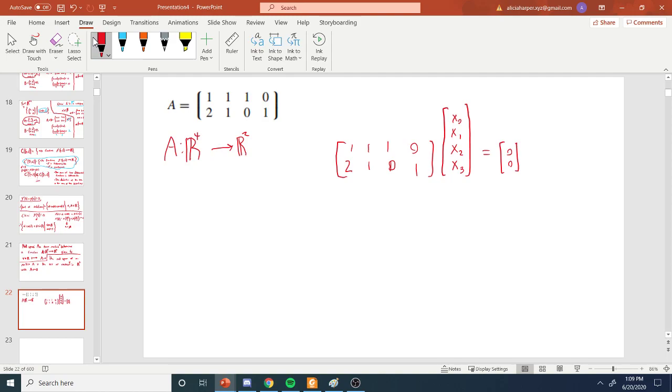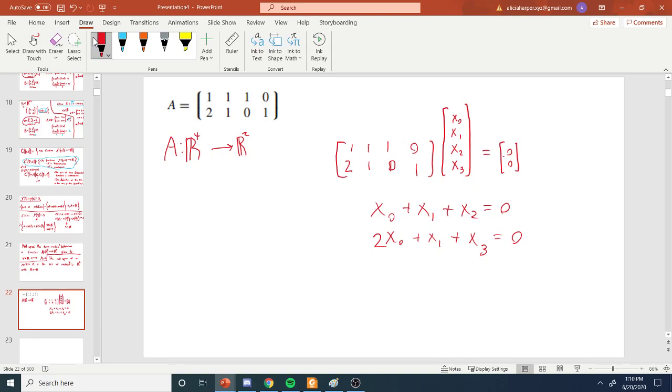So if we look at this equation, what we're interested in is x0, x1, x2, x3 that satisfy this, which means we want x0 plus x1 plus x2 to be equal to 0. And we want 2 x0 plus x1 plus x3 to be equal to 0.